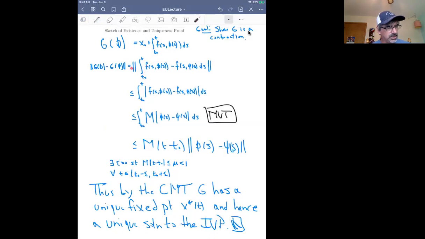The time that I switched from double absolute values to singles going here, that was hand wavy, and then when I did it back at this point here, that was hand wavy, and it depends on the definition of whatever that metric is on this space X. But the mean value theorem for integrals, those things you've seen before, and the logic at the end should make complete sense to you. And that is the proof of the existence and uniqueness theorem.